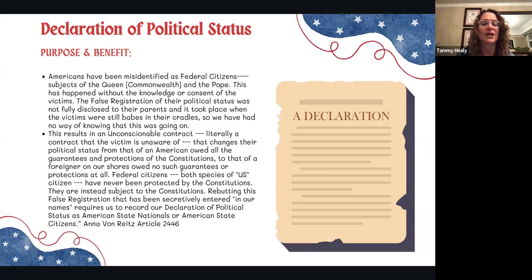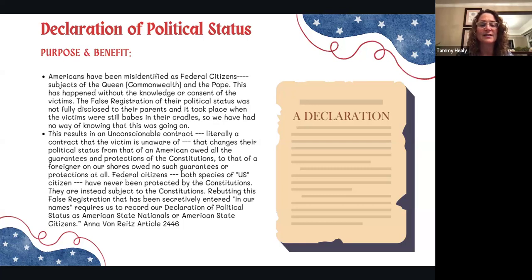This results in an unconscionable contract, literally a contract that the victim is unaware of, that changes their political status from that of an American owed all the guarantees and protections of the constitutions to that of a foreigner on our shores owed no such guarantees or protections at all. Federal citizens, both species of U.S. citizen, have never been protected by the constitutions.